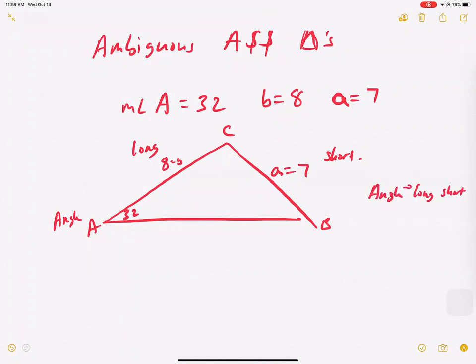If it goes in this pattern, you have two possibilities. Angle, long, short. If it's angle, short, long, then you only have one triangle. Okay? And this is why.